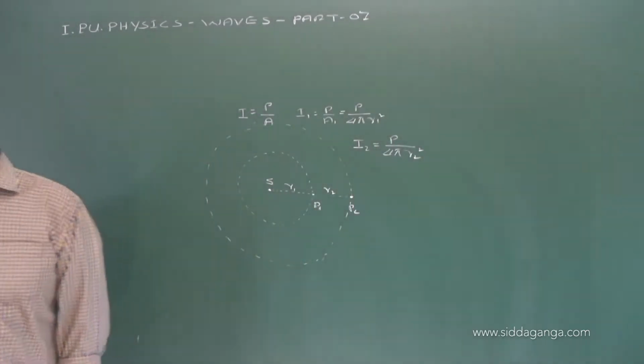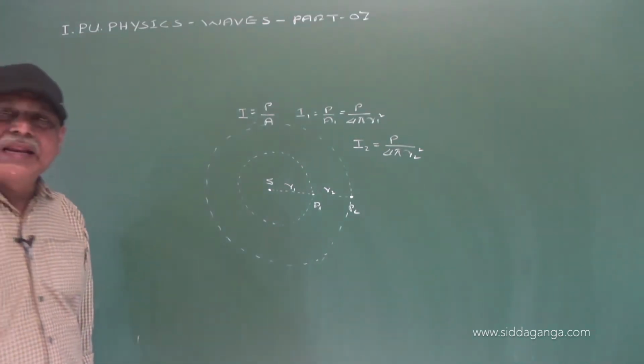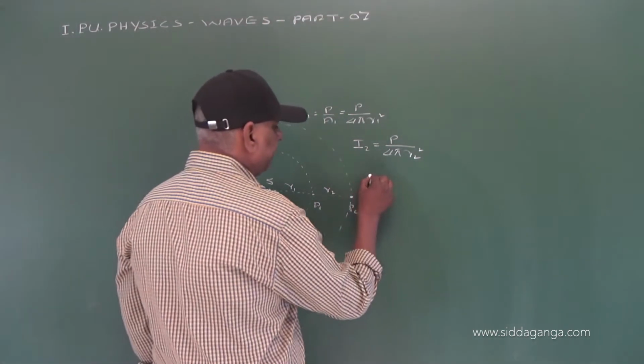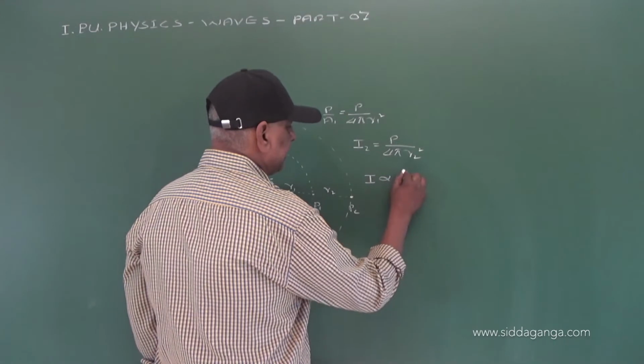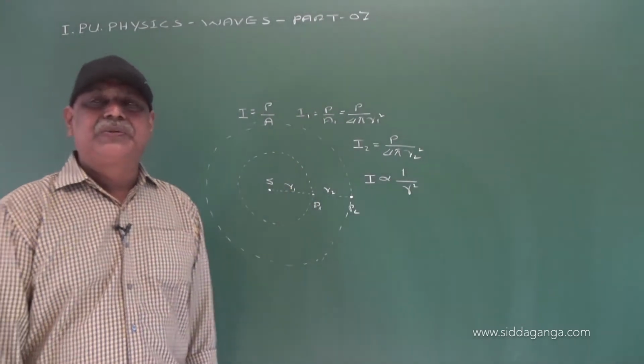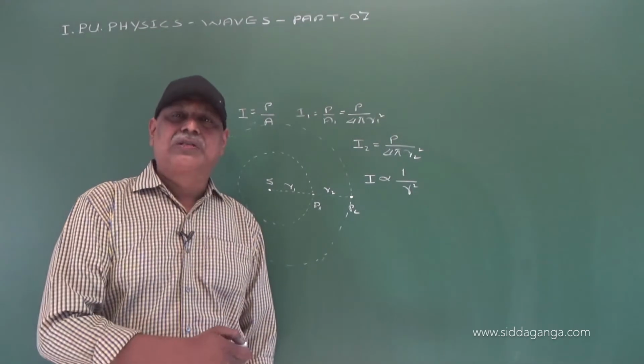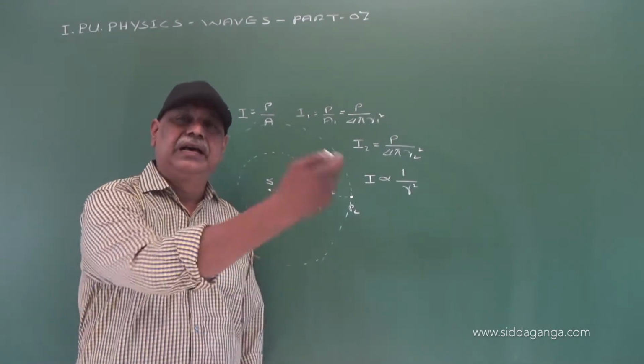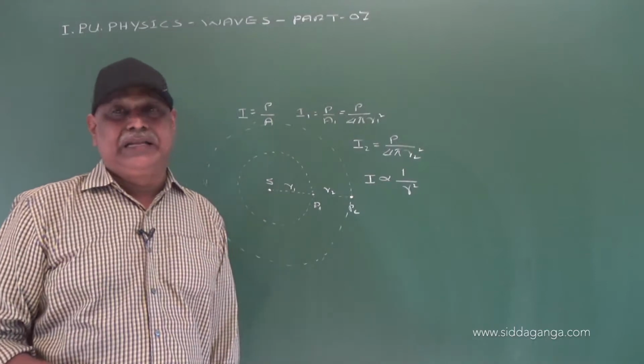Or in general, we can write that intensity of a wave is inversely proportional to the square of the distance between the source of the wave and the observer or receiver.